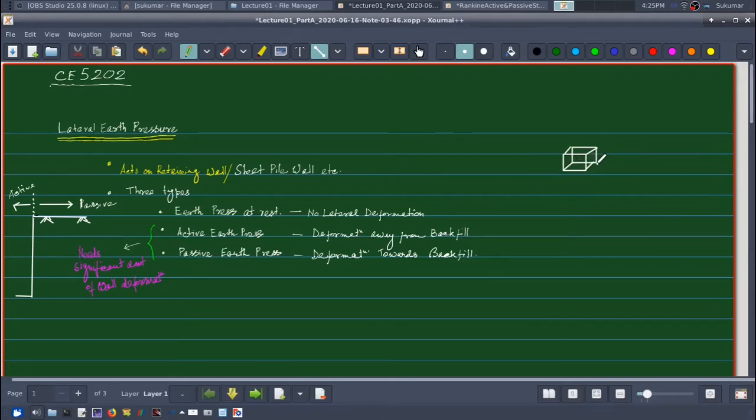and it is within the soil mass. Therefore, obviously, the vertical pressure due to overburden or due to some surface load is acting on it.